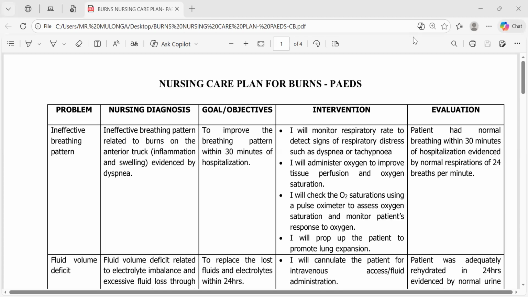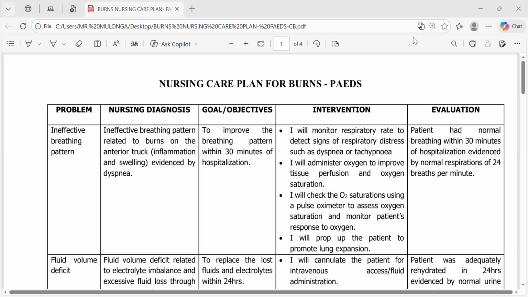Okay, so we start with assessment. If you've been on this channel, you understand that we always start the nursing care plan with assessment. So the first thing is we assess. If this child has burns of the upper trunk, it means that it will interfere with the breathing of the child.